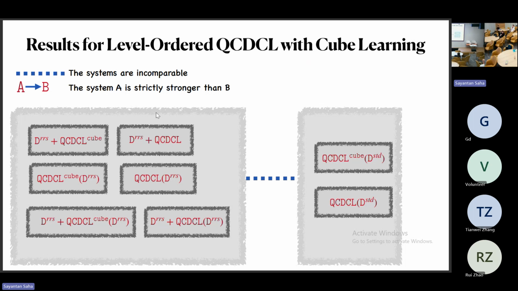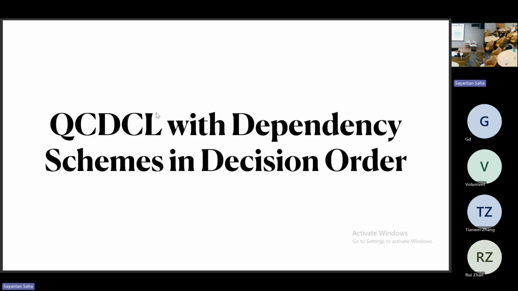And it is not that one particular dependency scheme so far is better than others. Each dependency scheme can be shown to be an advantage or a disadvantage in some cases when we just focus on level ordered systems. So standard versus RRS are completely incomparable, irrespective of whether I have cube learning or not. This is what we felt is a restriction of level ordered. Focusing on level ordered creates all these problems.